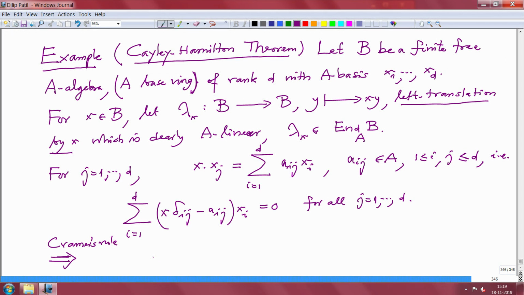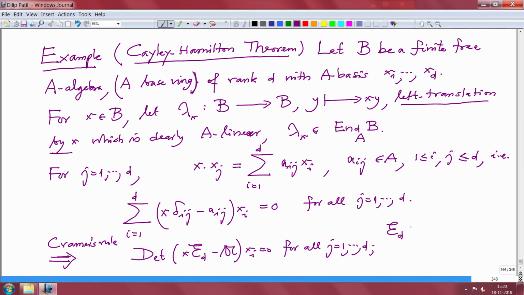What will it imply? The determinant of x times big E_d minus A times x_i equals 0 for all j from 1 to d, where big E_d is an identity matrix of size d cross d.